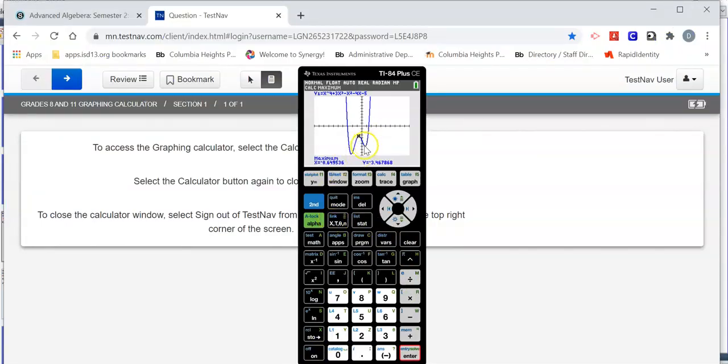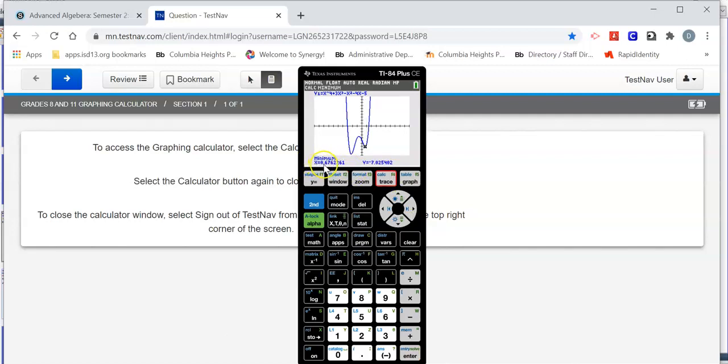And then we have one more local minimum to calculate. So we're going to hit clear, second calculate, and then minimum, or you can just hit the number 3, scroll over until you are close but not quite touching the minimum for the left bound. Keep going until your cursor starts going up for the right bound, and then hit enter again for a guess.